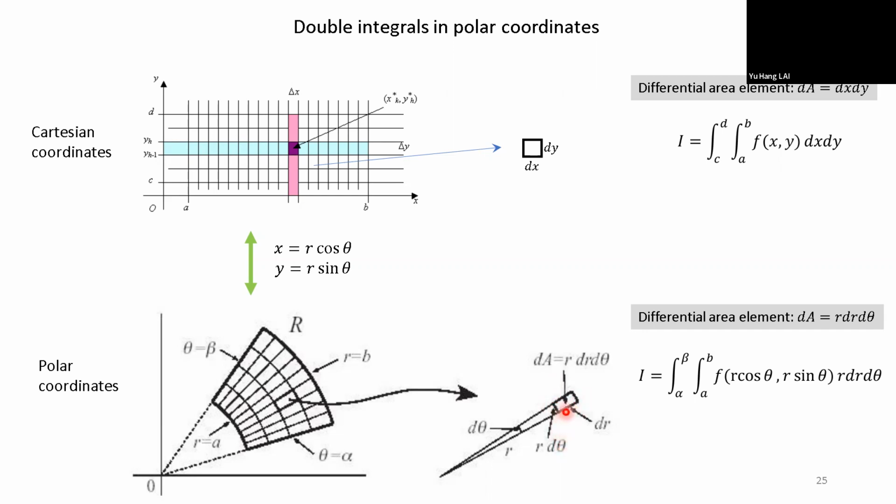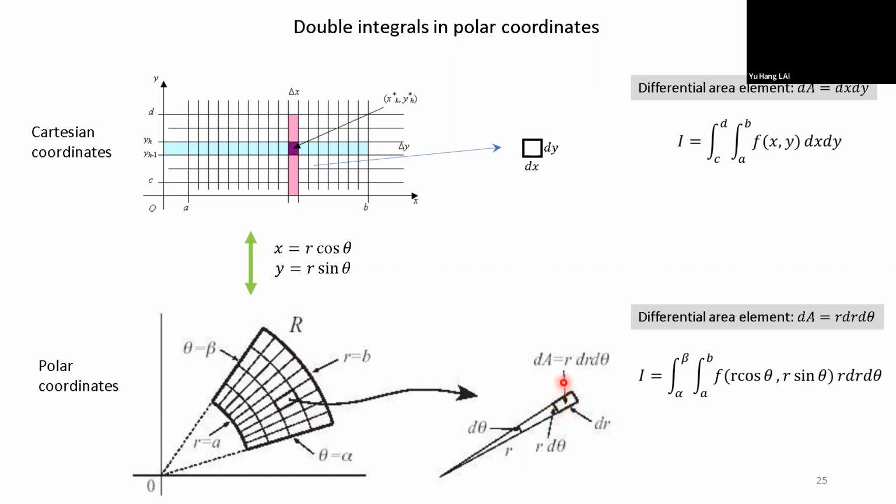The length of this side, of course, is dr. And then the length of this side is r d theta, this small, very short circular arc, which is close to a straight line.